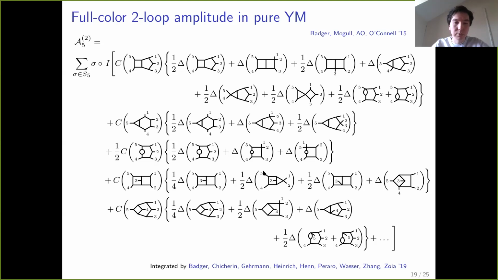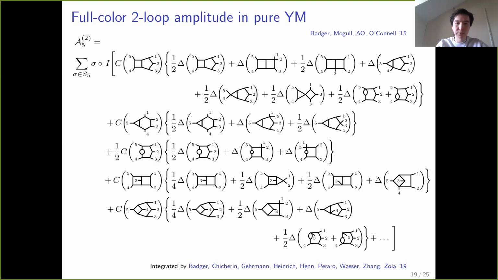This is just a way to consistently dress numerators. Yeah, I can understand that at higher loops, but at one loop it's relatively simple to find a basis, both of the color factors and of the amplitudes, right? That's been done. But you cannot do it with this approach? You can. You can actually.